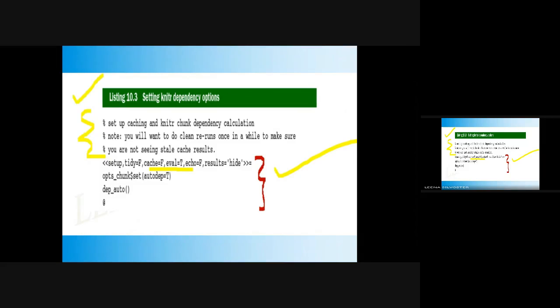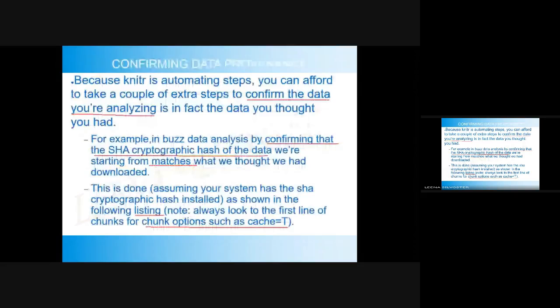Here we can view certain options. Let us explain what tidy, echo, cells, etc. are. Next is confirming data provenance.